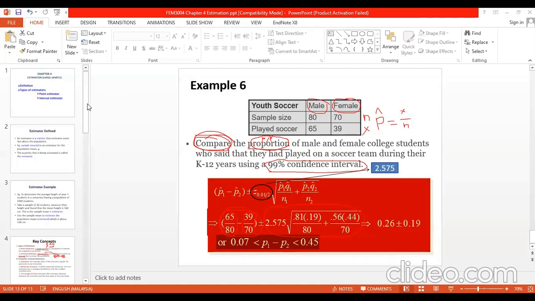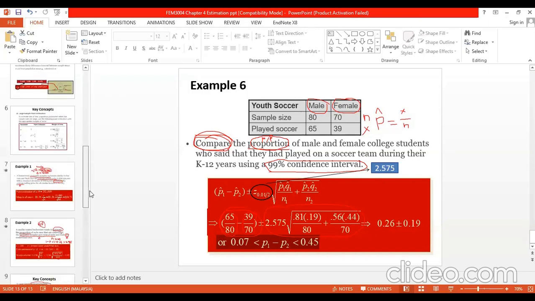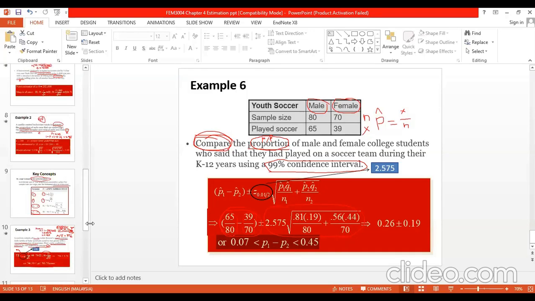Okay, guys. We stop at which part? Internet connection is unstable. Aduh. Bawahnya. Example 6. Okay.